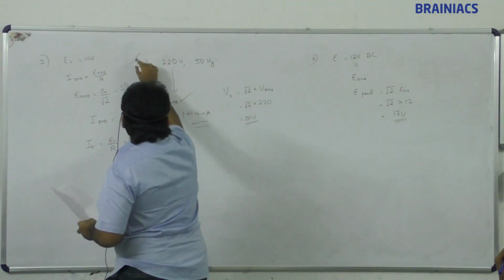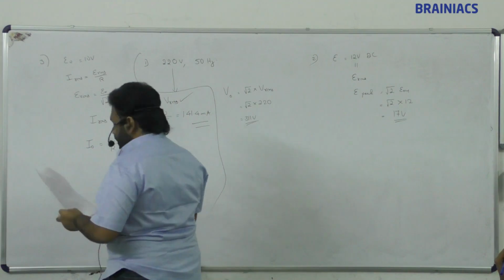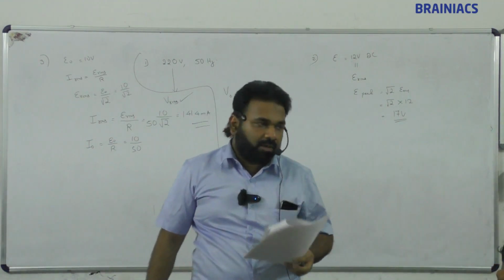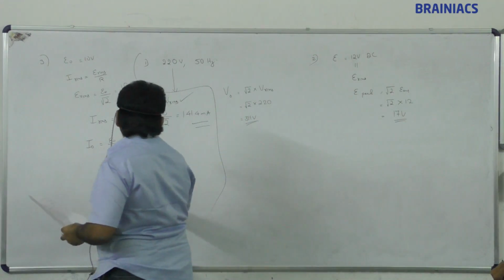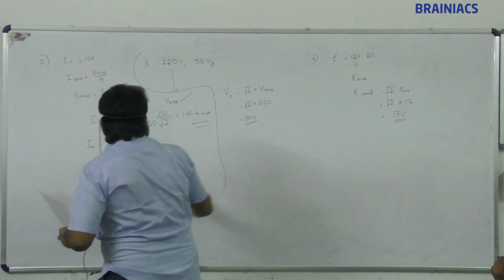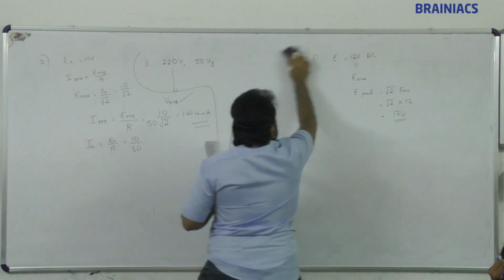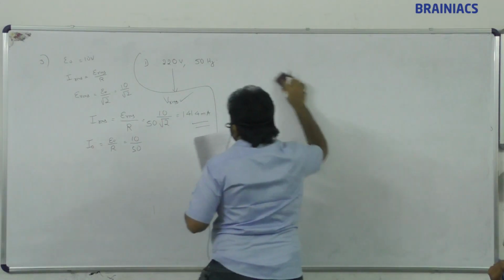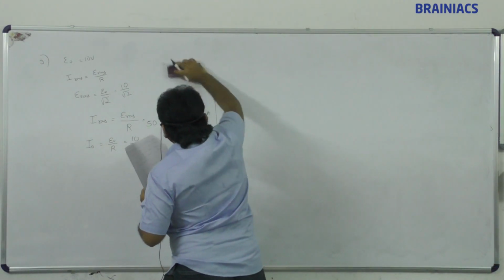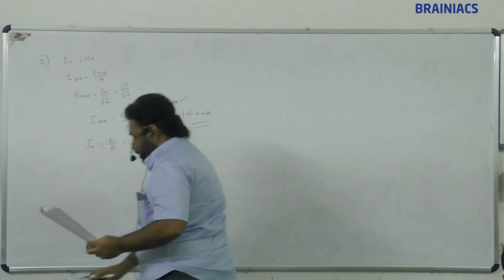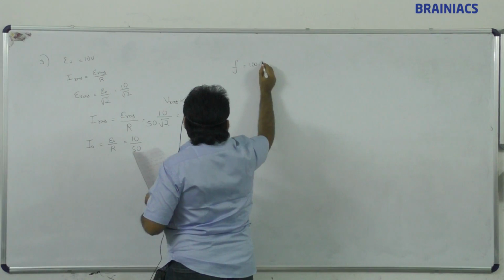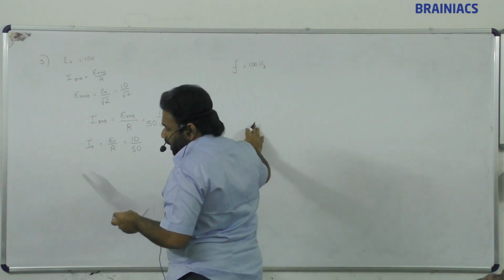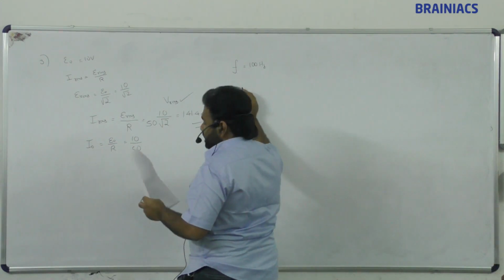Another question parallel to that: if the voltage frequency is 100 hertz, that is F is equal to 100 hertz, write the equation for instantaneous current.